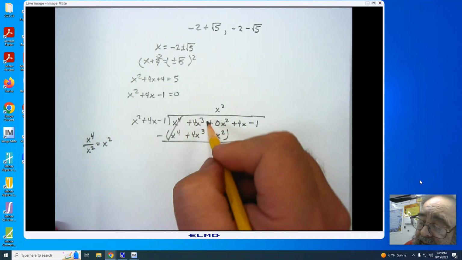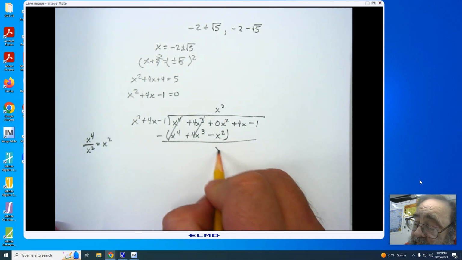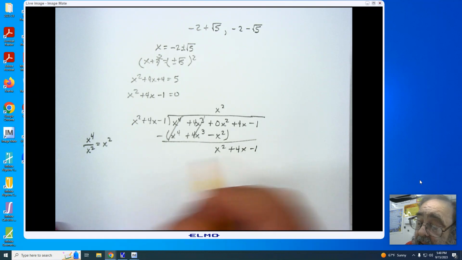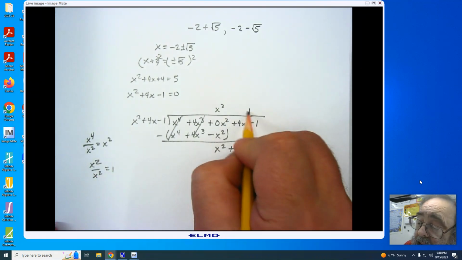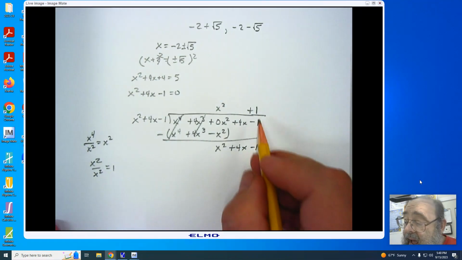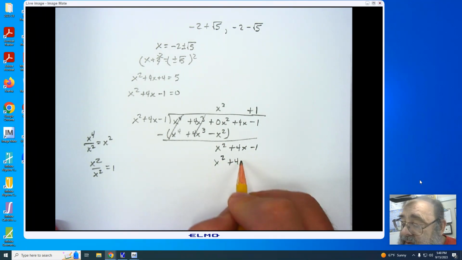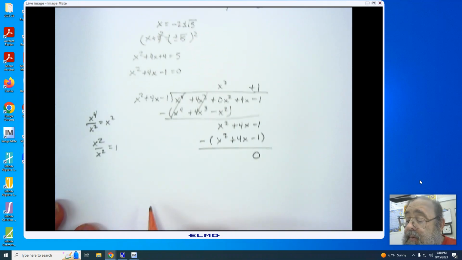The x to the fourth cancels, the 4x cubed cancels, and I'm looking at an x squared plus 4x minus 1. X squared divided by x squared gives me a 1, and I put it over the negative 1. I now go through and I find it as x squared plus 4x minus 1. I subtract and I get 0.